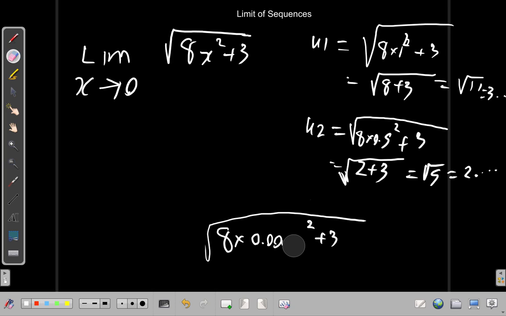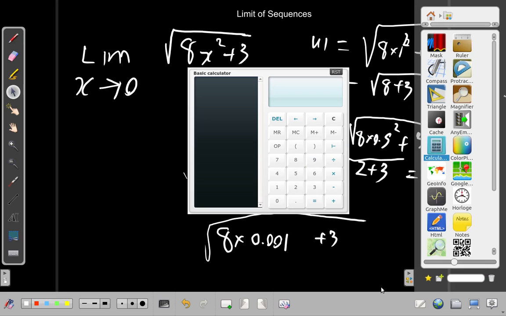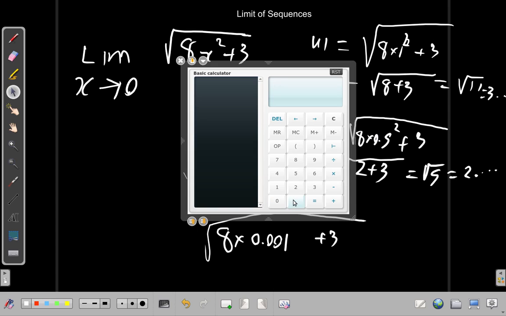Let me try a number which is also small, kind of close to 0, but not that close. 0.001, 2 zeros this time. 0.001 times 0.001 gives that, 0 point and then 5 zeros and a 1.